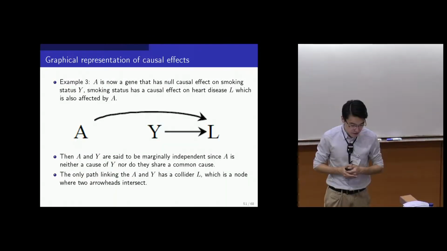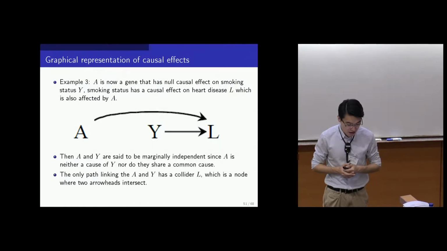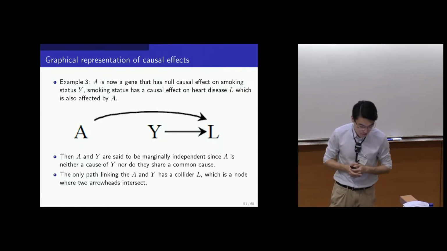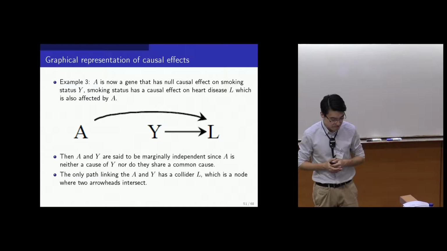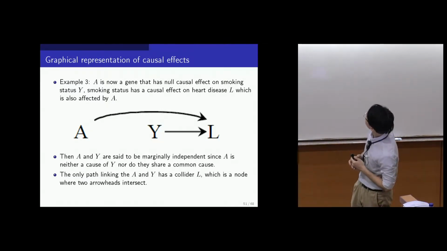So another example, A is now a gene that has a null effect on smoking status, and smoking status has a causal effect on heart disease, L, which is also affected by A. Okay. So here we have an example of a collider, right?